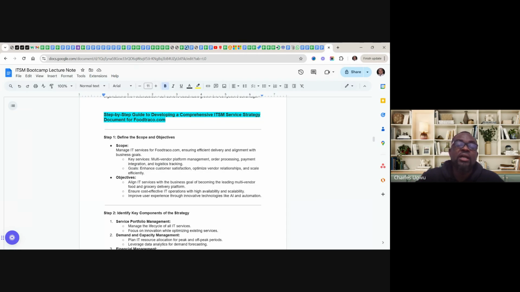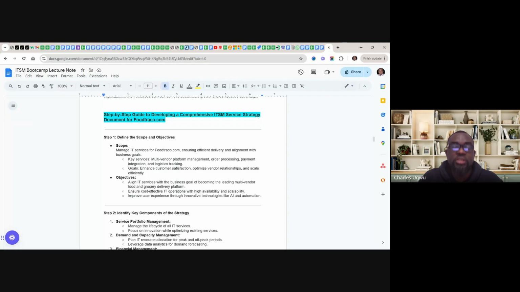So these are our key services. We have to determine the scope, that is number 1, determining the scope, where we need to design. These are our key services, the key scope.